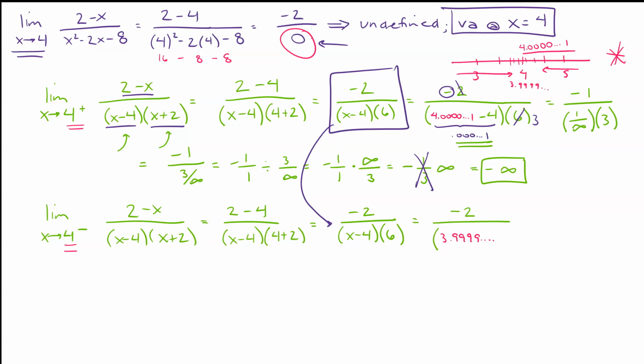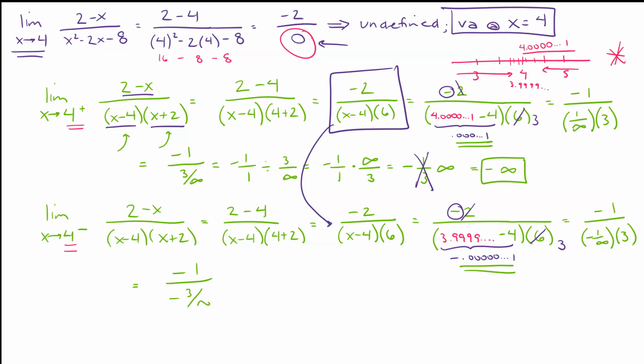Simplifying that problem, we have negative 1 over negative 3 over infinity. That gives us negative 1 over 1 divided by negative 3 over infinity, which becomes negative 1 over 1 times negative infinity over 3. The negatives cancel, and we get 1/3 infinity.